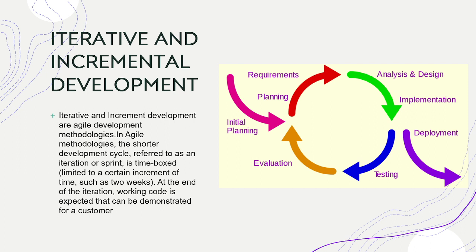As you see in the diagram, there are requirement planning, design, implementation, development, testing, and evaluation, which go in a cycle. Even after implementing, I will do the testing and evaluation again and again. After completing multiple testing, then I will deploy.